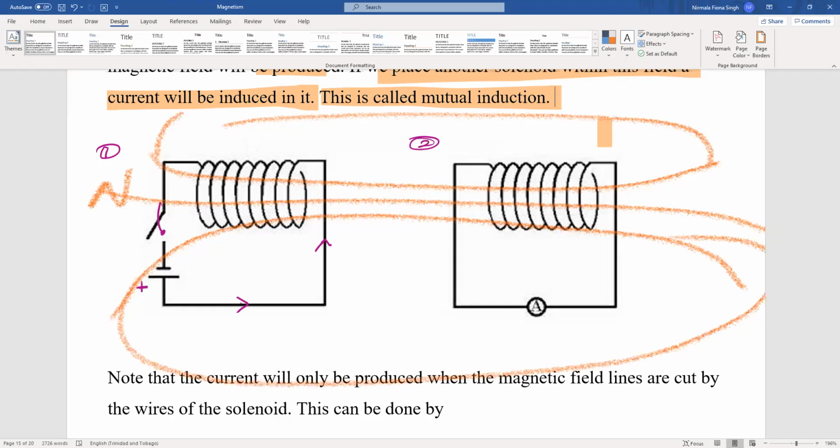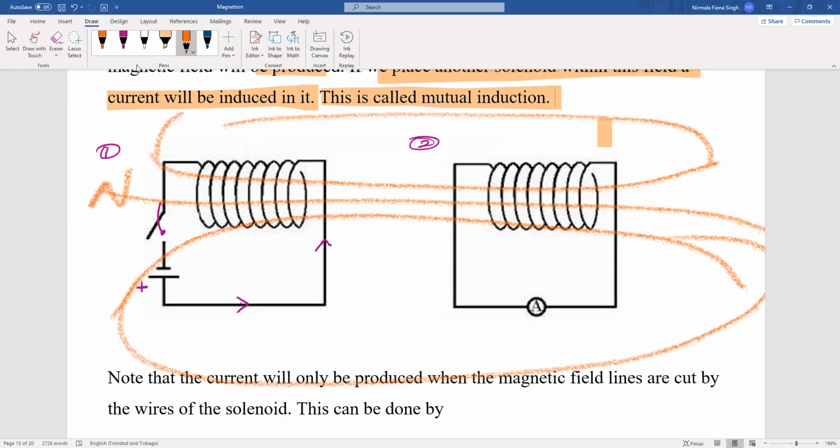And if we put this second coil within this field, what's going to happen if I have a magnetic field that just jumped out into space? Wouldn't it be moving? Anybody have a question?